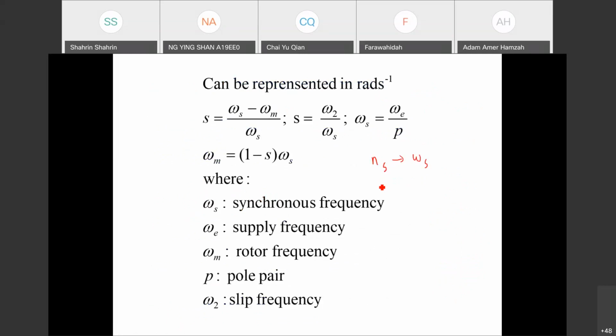For example, if you have NS around 8,000 RPM, what is the radian per second value? It's very simple, just multiply with 2 pi because one rotation is equal to 2 pi radians, over 60 because 1 minute is equal to 60 seconds. So you will have your value in radian per second.